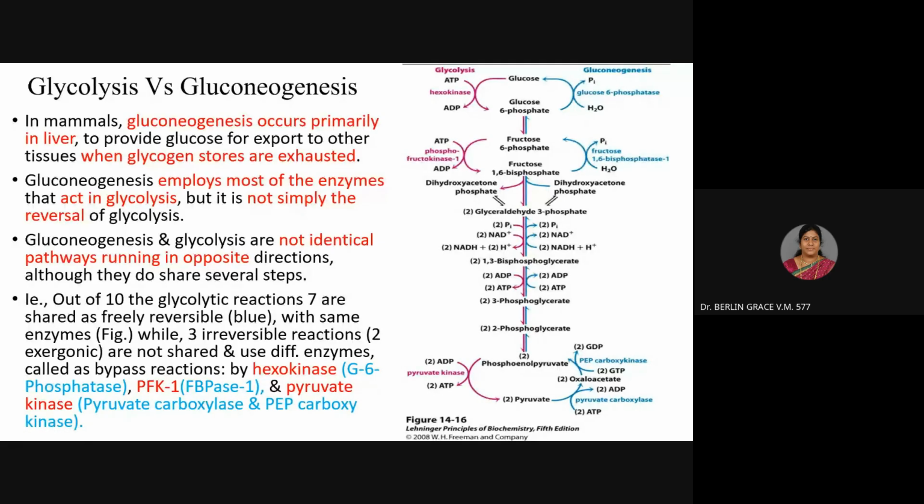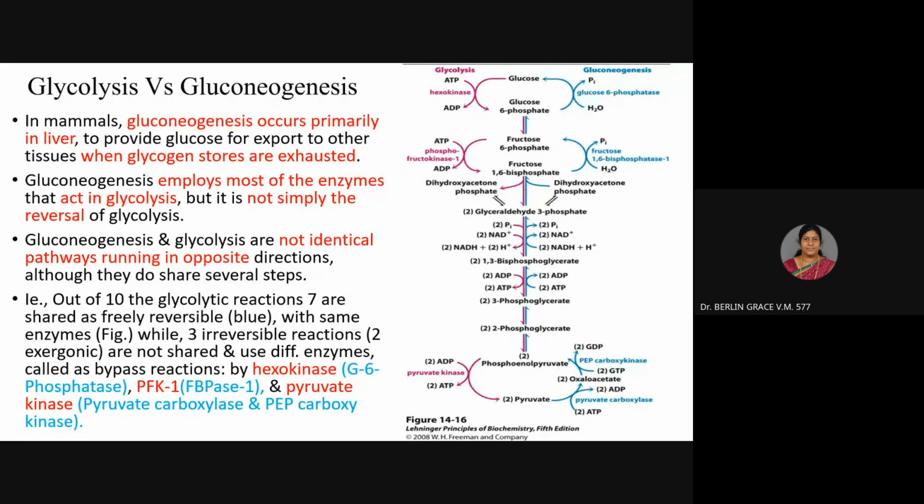Now let us see glycolysis and gluconeogenesis. The main process, gluconeogenesis, is the reversal of glycolysis, but not exactly the reciprocal reaction. We have differences. Gluconeogenesis occurs mainly in the liver. And when does it occur?